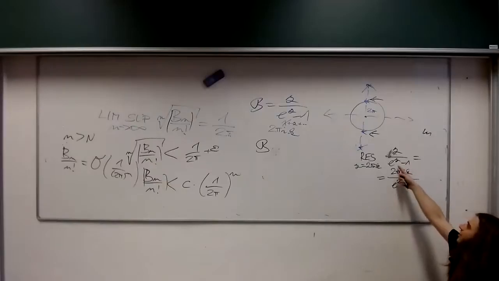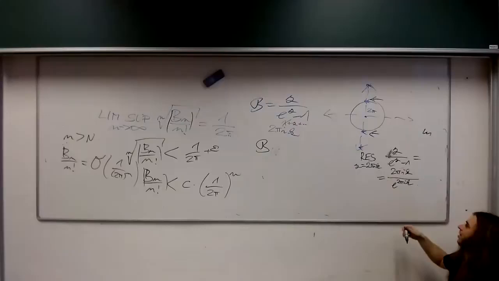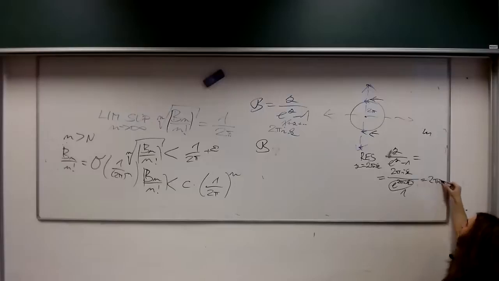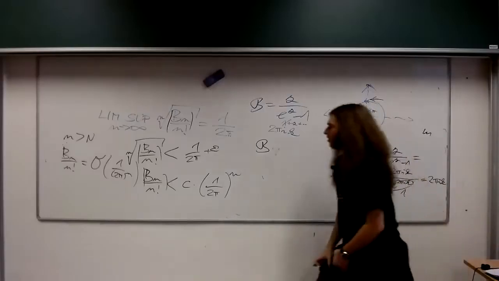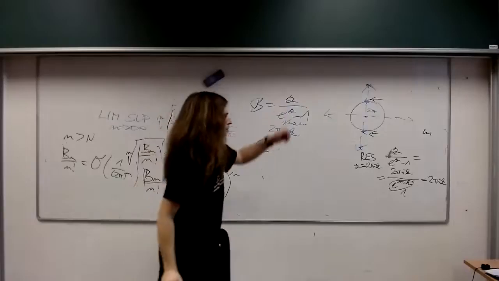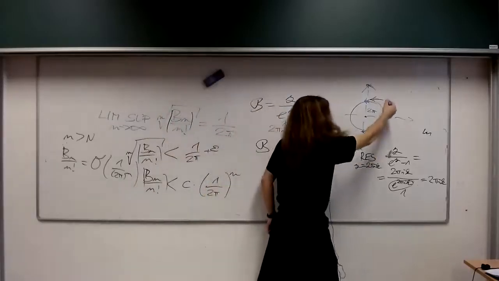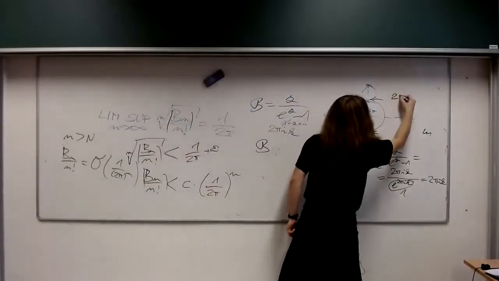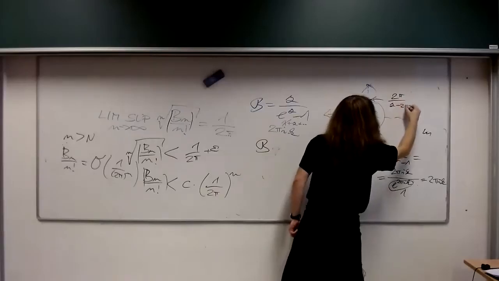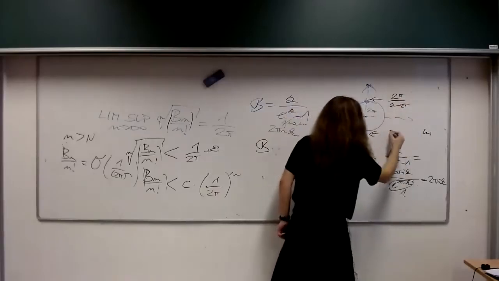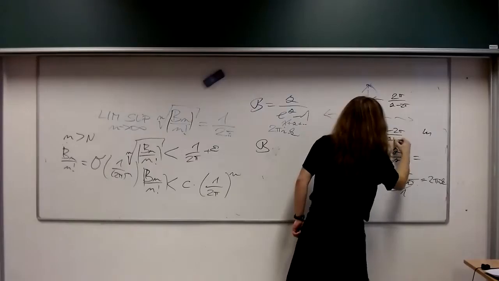So the derivative was e to the z, and we plug in this. However, the k is an integer, so this is a 1. So this is the residue in each of those poles. So this has the principal part of 2 pi i over z minus 2 pi i, and this has minus 2 pi i over z plus 2 pi i.